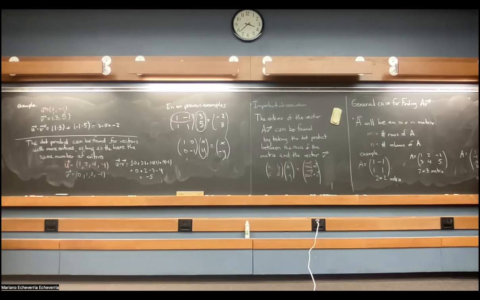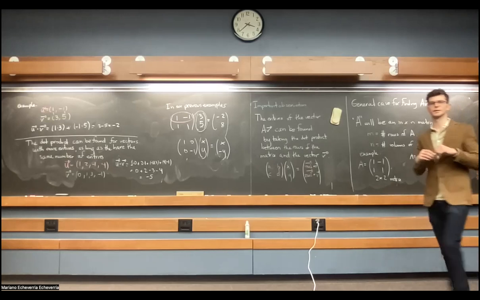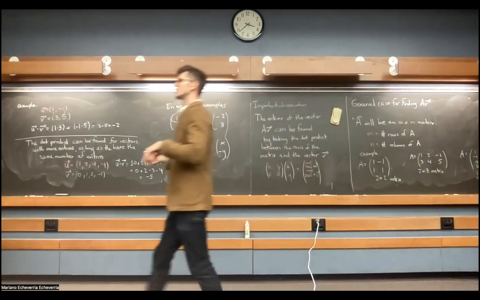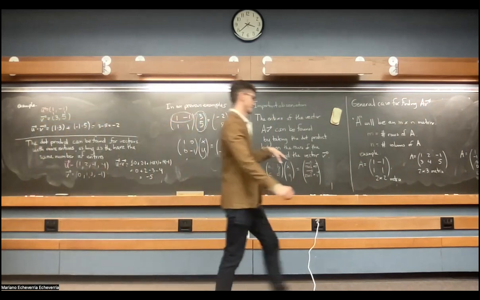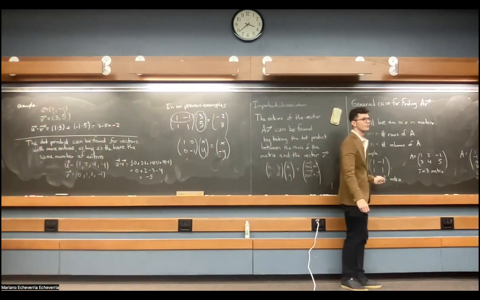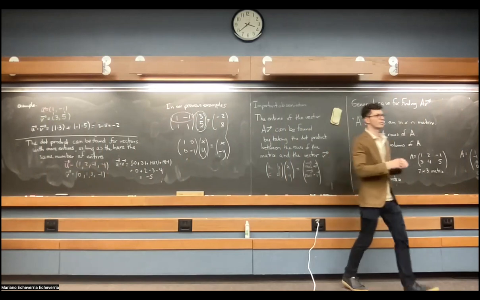So this would be a 4 times 3 matrix, right? Is that making sense? When you read this matrix notation, this is universal: it's always the number of rows followed by the number of columns.